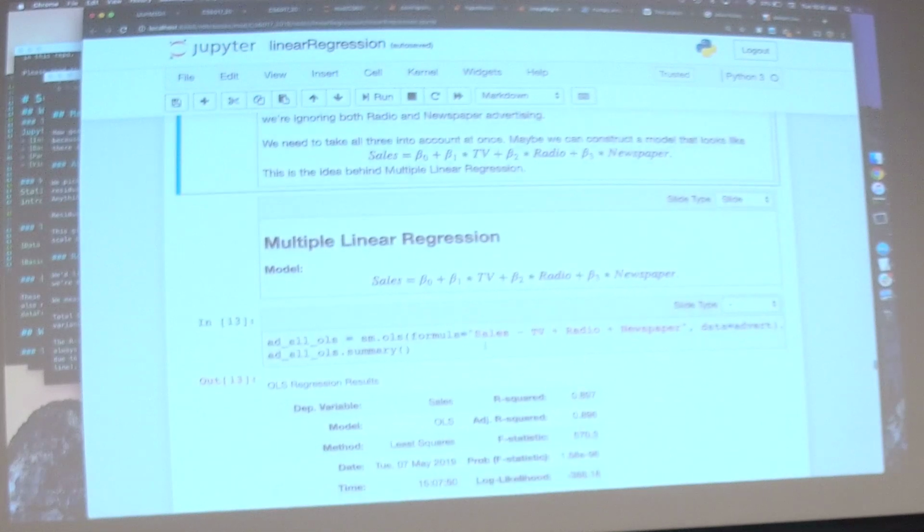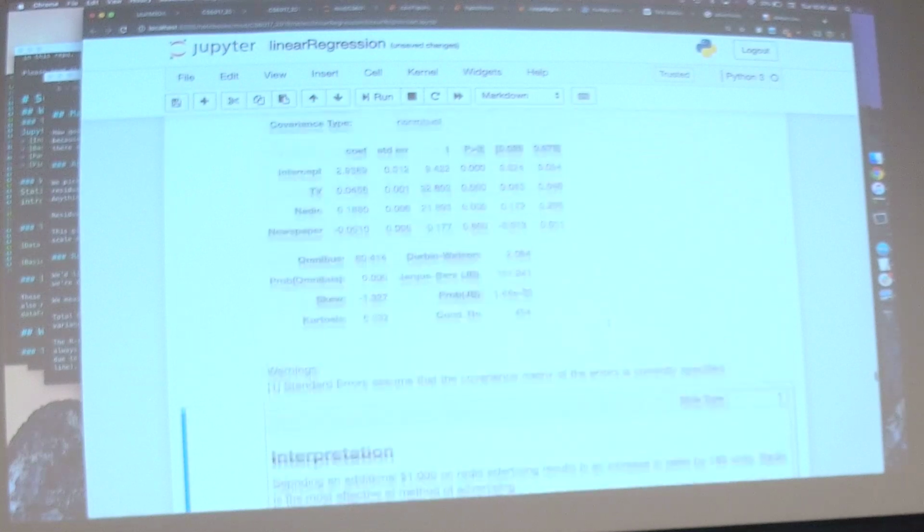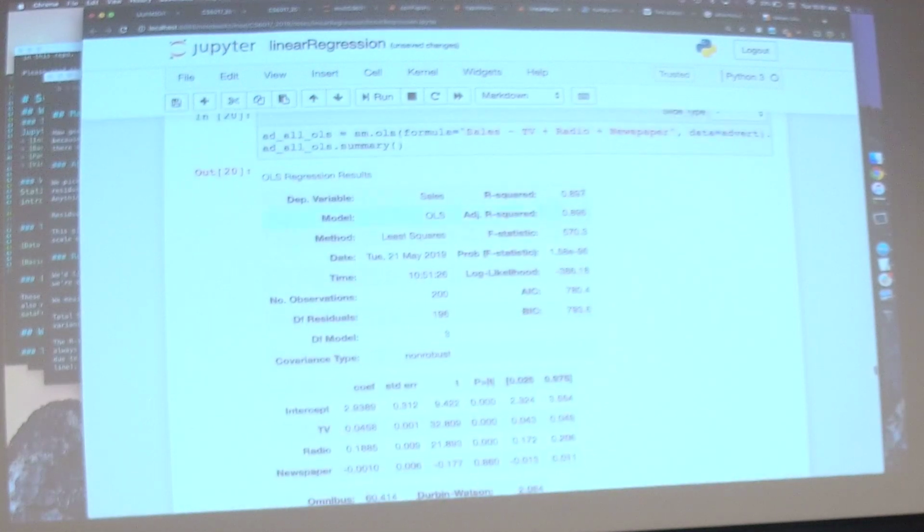Okay. So with statsmodels, it looks like this. Again, we use the names of the data frame columns here. And if we do this, we get a high R squared value. So this model explains most of the variation in our data, better than any of the things did individually.